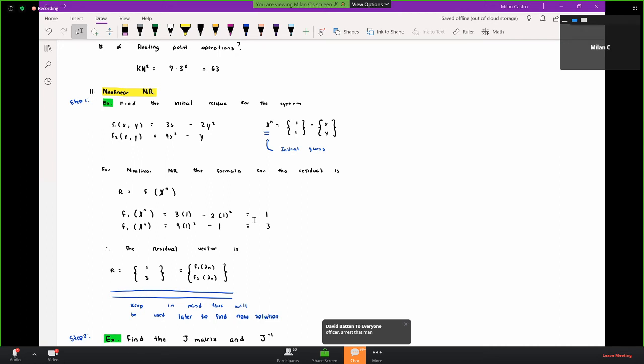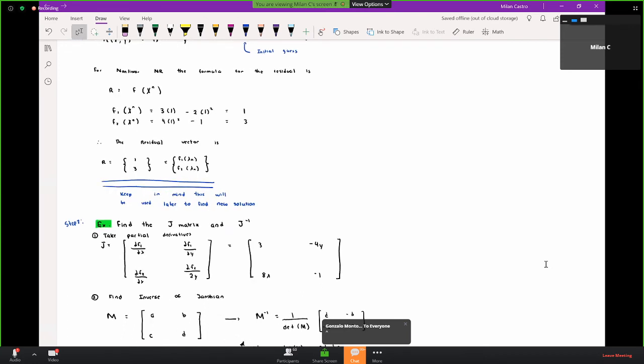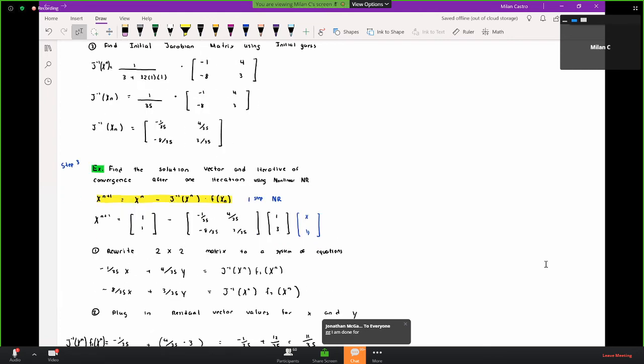I think the best way to break this up, when you're doing your nonlinear Newton-Raphson: first, find the residual. Second, find the Jacobian matrix and the inverse Jacobian matrix. Third, find your solution.